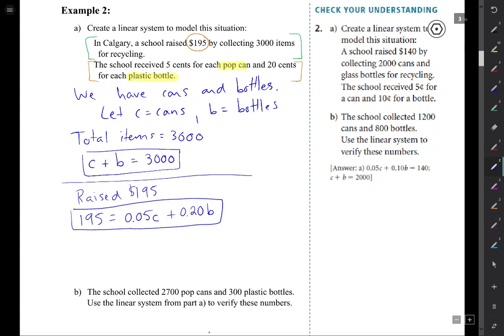Our final step would just be to state the linear system. So I'm going to say the linear system is C plus B is equal to 3,000 and 195 is equal to 0.05 times C plus 0.20 times B. So there's our final answer.